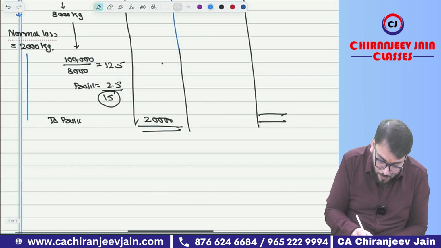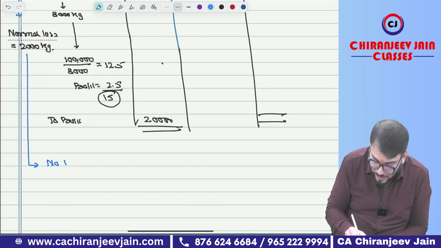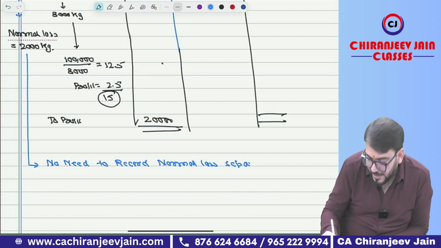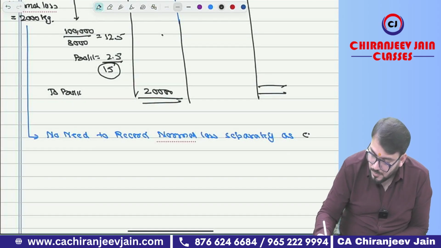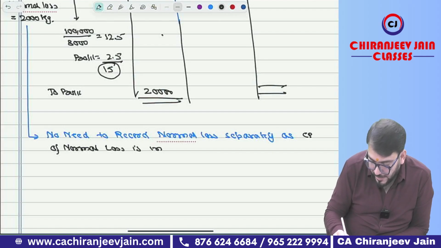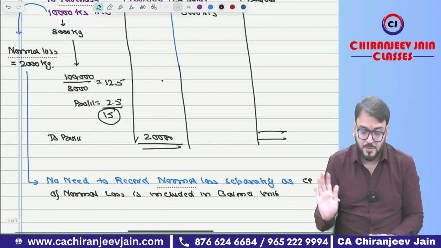It means normal loss, no need to record normal loss separately, as the cost price of normal loss is included in balance unit. Have you understood?